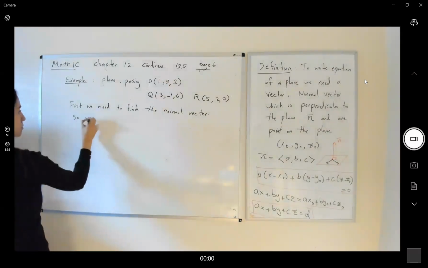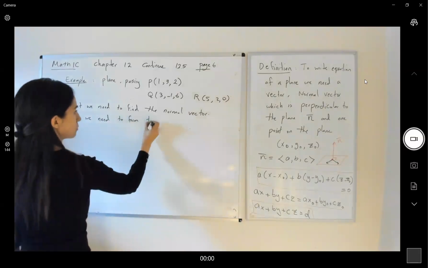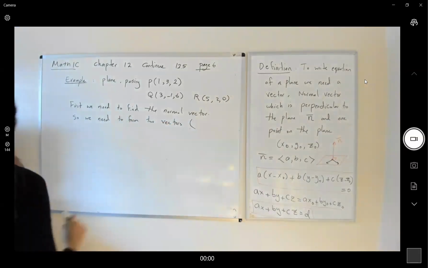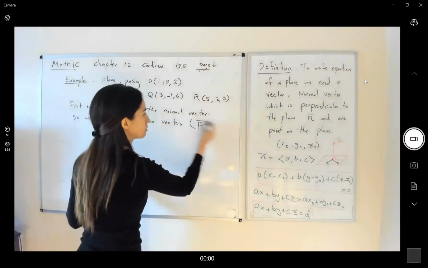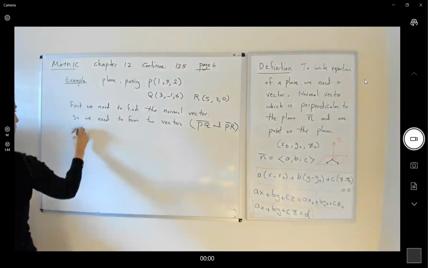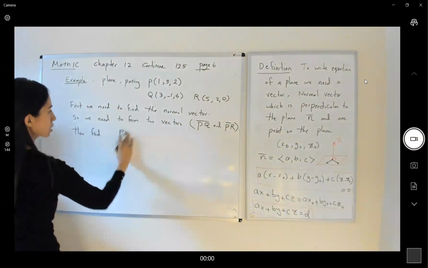So we need to form two vectors, for example PQ and PR. Then find the cross product between these two.